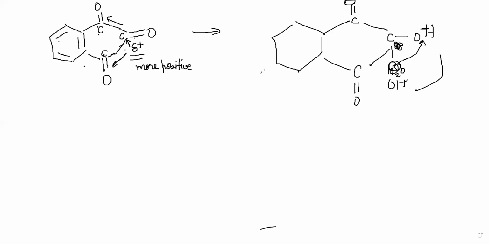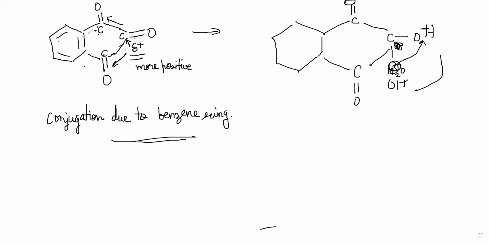So actually, there is another reason for this also, which is conjugation due to the benzene ring, but that we'll study in a later chapter. Conjugation due to the benzene ring also adds to the stability of the top and bottom ketones. So this ketone is more stable than this, so this is more reactive.